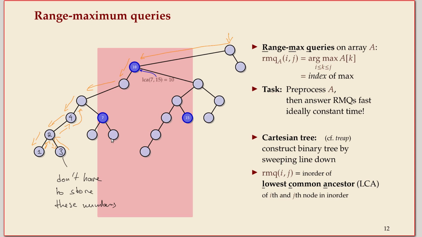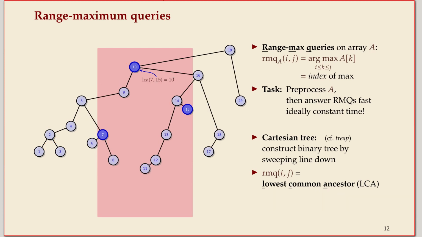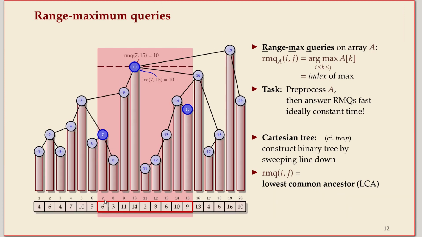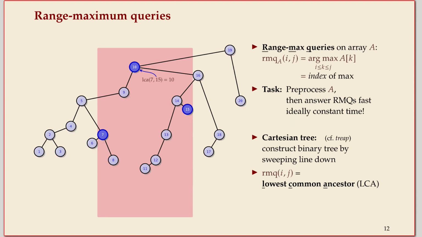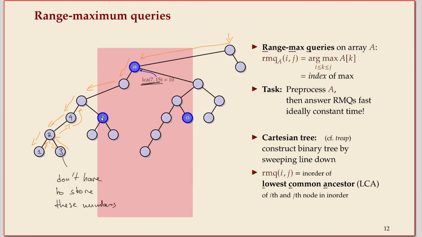And if we have those numbers, we can also find the nodes. For our range-min query, we had the range 7 to 15, so we were interested in range 7 to 15. So we can also find in this tree the nodes that have the in-order index 7 and 15. And for those two nodes, we find the lowest common ancestor.